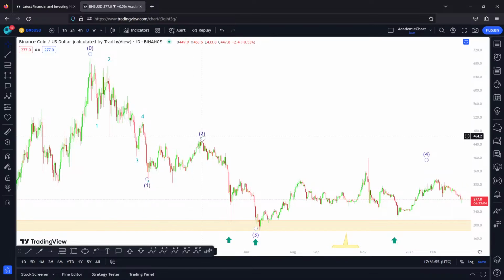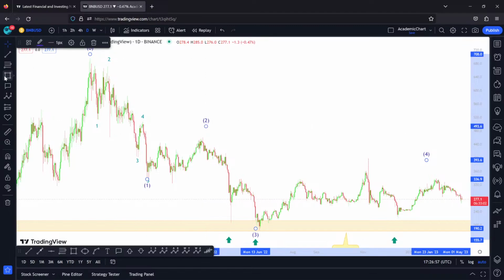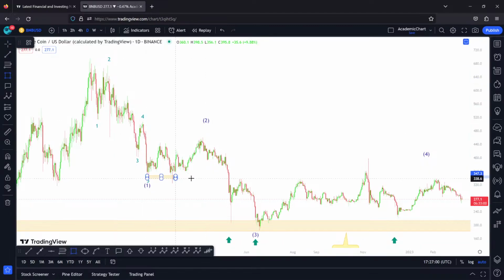We have the V. I can draw some sort of flat thingy here. I'm just illustrating two bottoms and a top as support and resistance. So it would be one ABC to top, one ABC to bottom, and one ABC or 1, 2, 3, 4, 5.